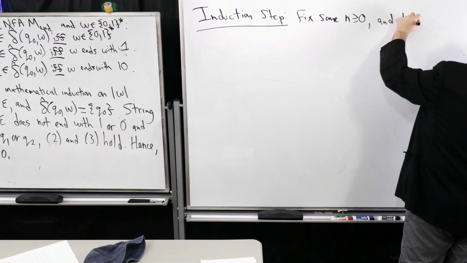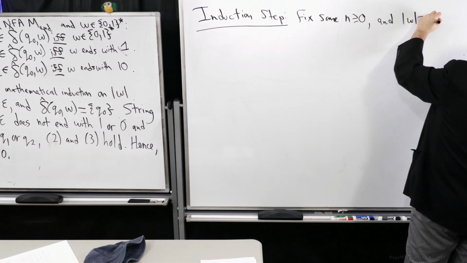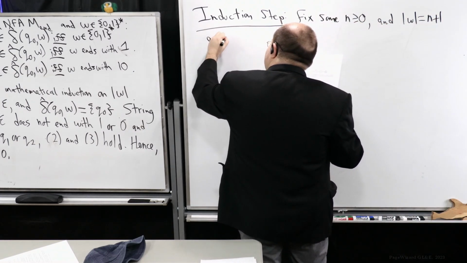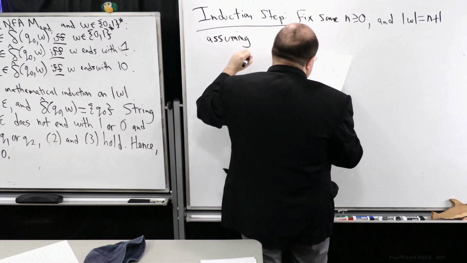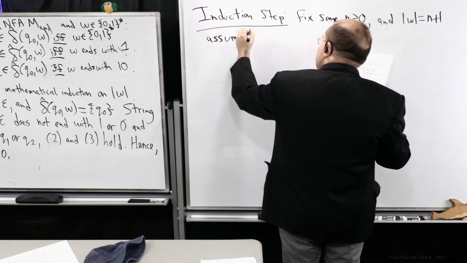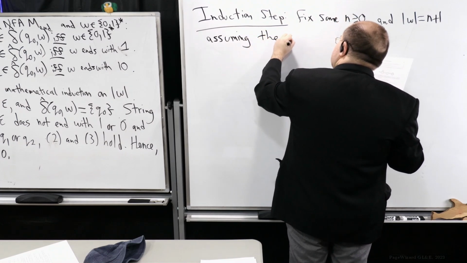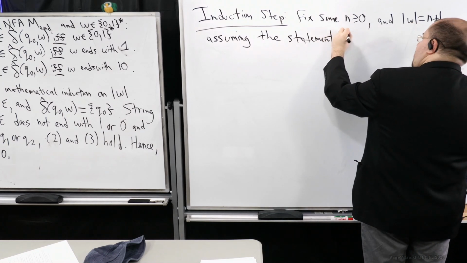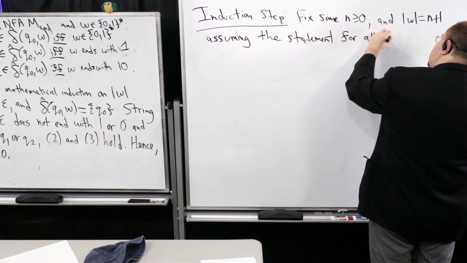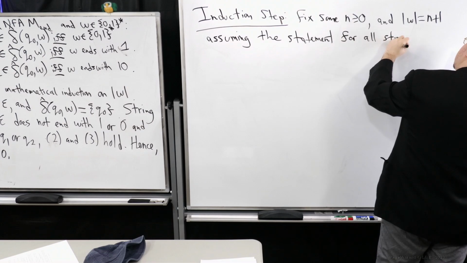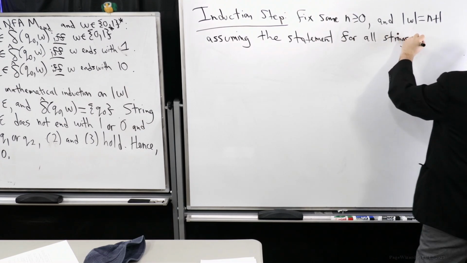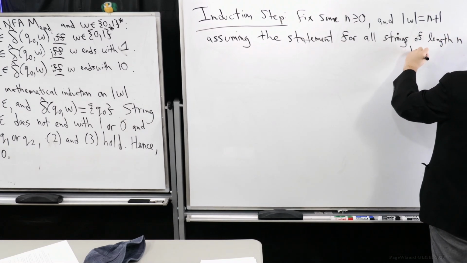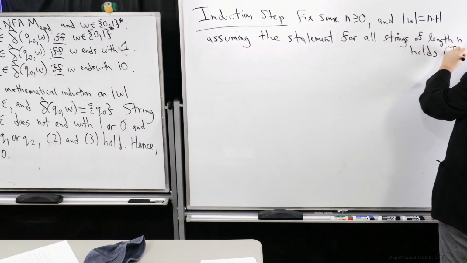Let the length of the string w equal n plus 1, assuming, so this is really important, this is the induction hypothesis, assuming the statement for all strings of length n holds. So that's the induction hypothesis.